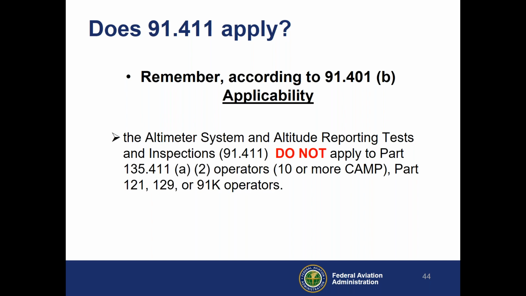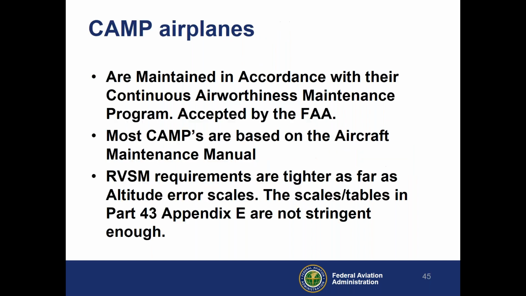Doesn't apply to Part 121, 129, or 91K. And the reason is CAMP airplanes are maintained in accordance with their continuous airworthiness maintenance program, which is accepted by the FAA and authorized through OpSpecs. Most CAMPs, however, are based on the aircraft maintenance manual. So we need to make sure we get the manuals correct.